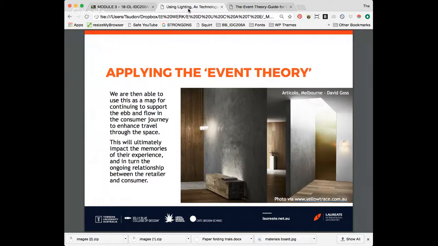So we're then able to use this as a map for continuing to support that idea of ebb and flow throughout the consumer journey and throughout their travel in the space. So ultimately, this impacts the memories of their experience and in turn, the ongoing relationship between the retailer and the consumer.